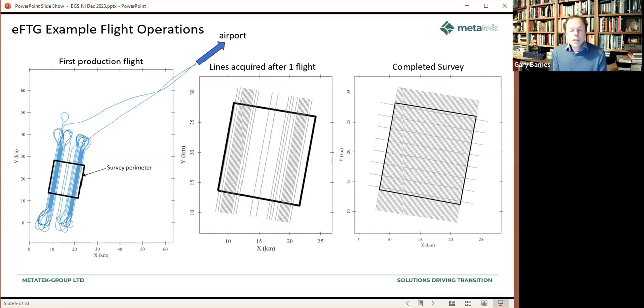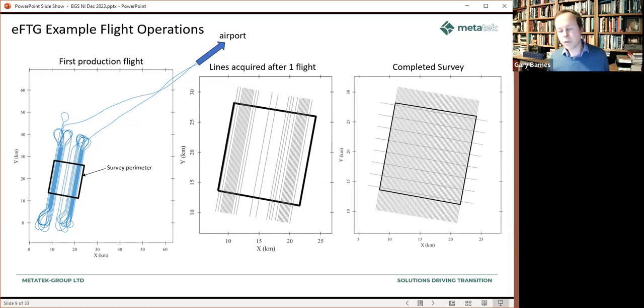So to give you an idea of how an airborne gravity gradiometry survey actually happens in terms of its operations, we would generally turn up at a nearby airport. That's the mobilization phase of a project.